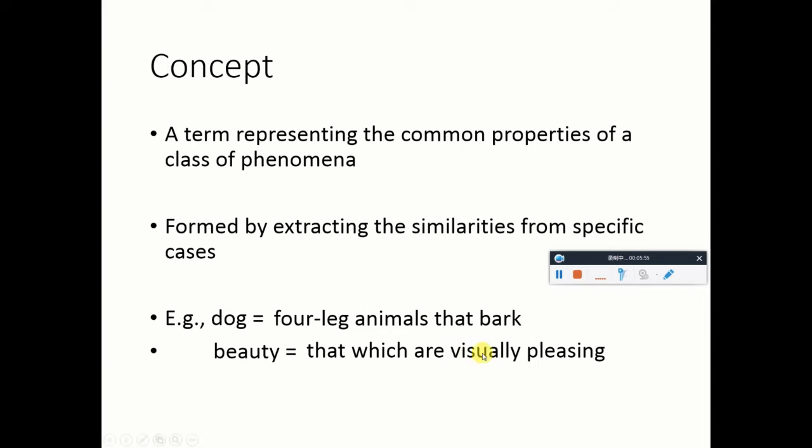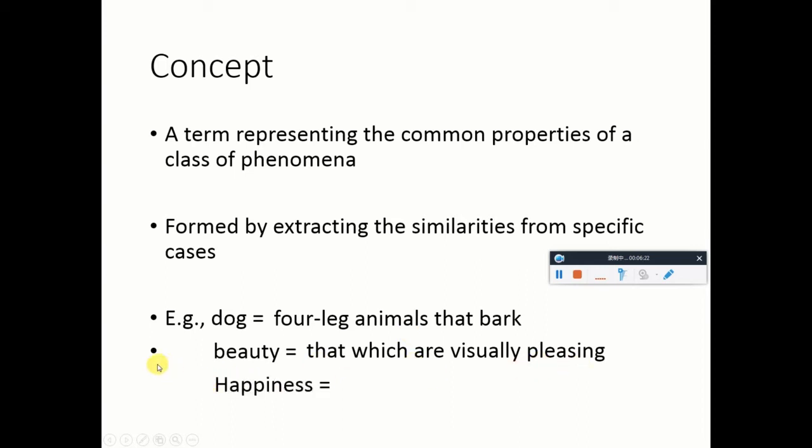So all things that are beautiful are indeed pleasant to look at. That is indeed a common feature of beautiful things. So again, great. We just produced a concept, and we produced this concept by clarifying its meaning, by producing some kind of definition for it.